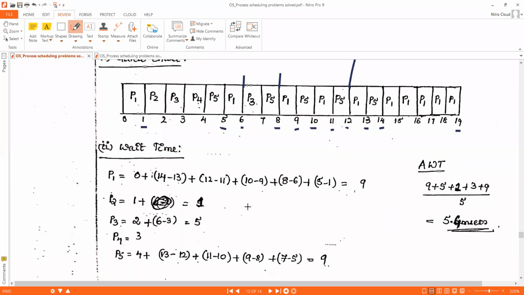If you know the waiting times, we know how to find the average waiting time. Average waiting time is the sum of all the processes' waiting times divided by 5.